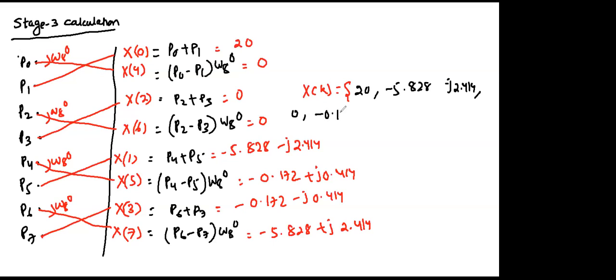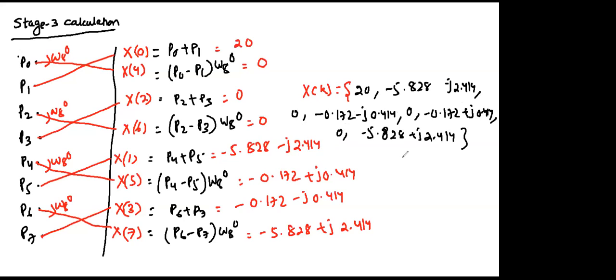X3 is minus 0.172 minus j 0.414, then X4 is 0, X5 is minus 0.172 plus j 0.414, then X6 is 0, final X7 is minus 5.828 plus j 2.414. So this is your answer. If it is an offline exam, don't forget to write in the proper order, because the output is in bit reversal order.